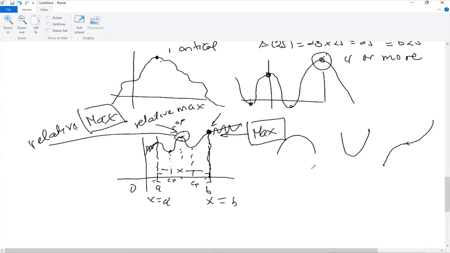Okay. But in this case, in theory, when x equals 0, the area gives you 0, right? In this example, the maximum value of x or y was 25.